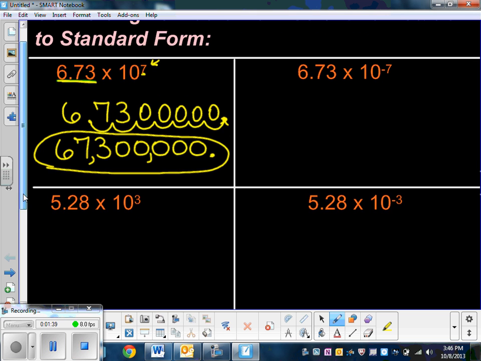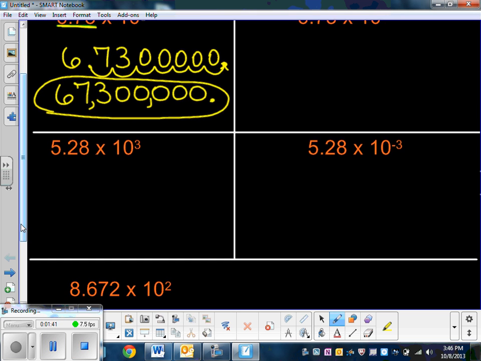Let's take a look at another example. 5.28 times 10 to the 3rd. Once again, start with your decimal term. We have 5.28. Take a look at your exponent once again. This is a positive exponent.